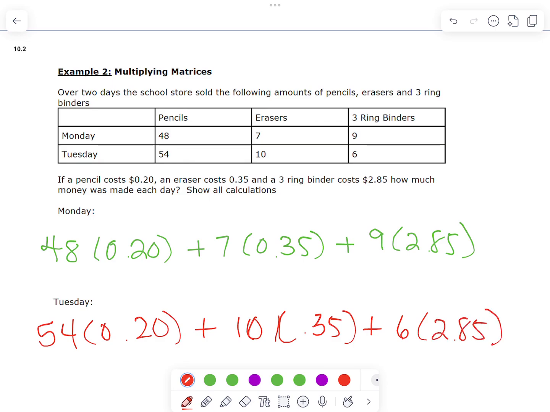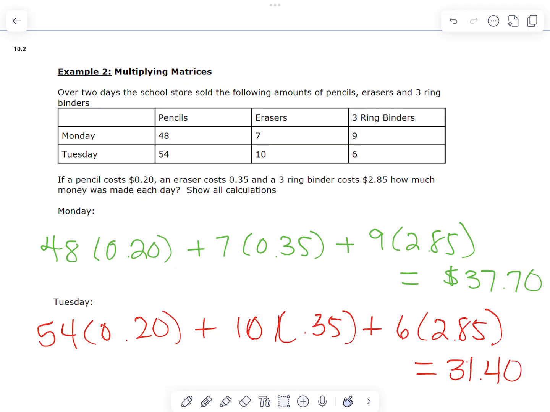That would give us, in this case in the green, $37.70, and then in the red, $31.40. What we're going to do instead is set up matrices and multiply the rows and columns together.